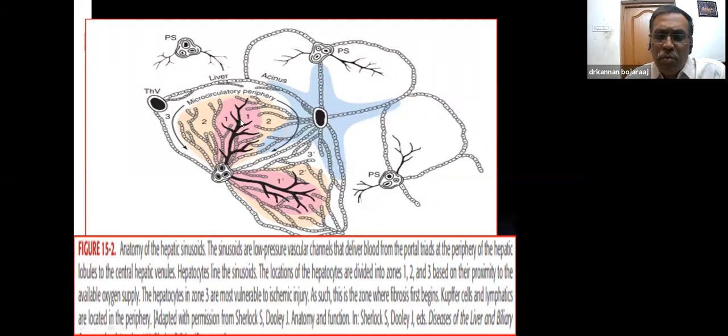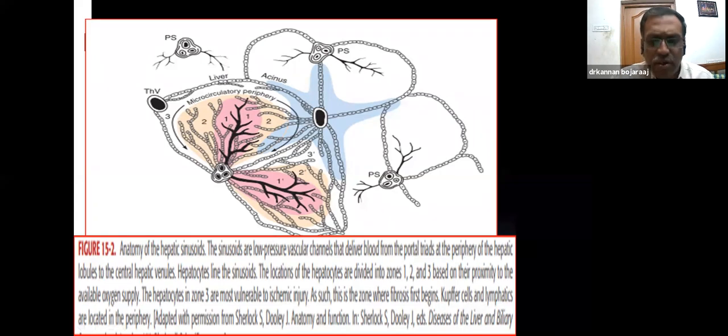If there is any problem and the hepatic arterial blood flow is compromised, the first area to be affected by hypoxia is zone 3, where the blood supply is most compromised.